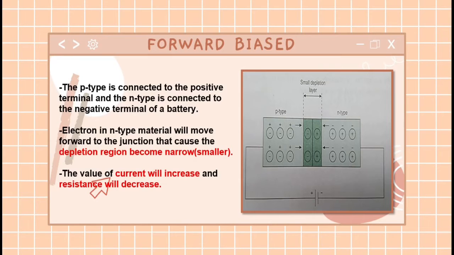Since the barrier potential is now reduced, electrons in the n-type will easily move to the p region. This is also assisted by the negative terminal, which pushes the electrons, and the positive terminal that pulls the electrons. Hence, a heavy flow of majority carriers crosses the junction. The value of current will increase and resistance will decrease.